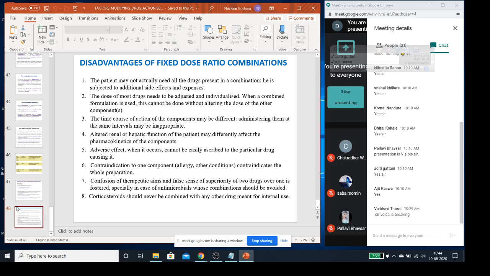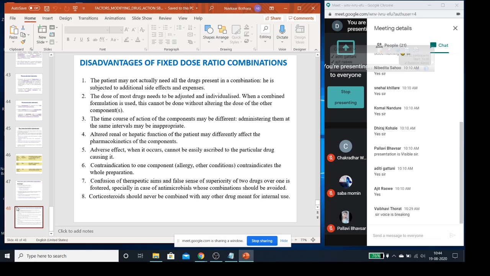There is one field you will be studying called pharmacoeconomics. That means the treatment cost is also important. You should be aware of treatment costs. So when a drug is not needed and it is administered, the cost of the drug is involved, adverse effects are involved, and the cost of the adverse effects is involved, because if the patient suffers and cannot work properly, all these costs are involved.